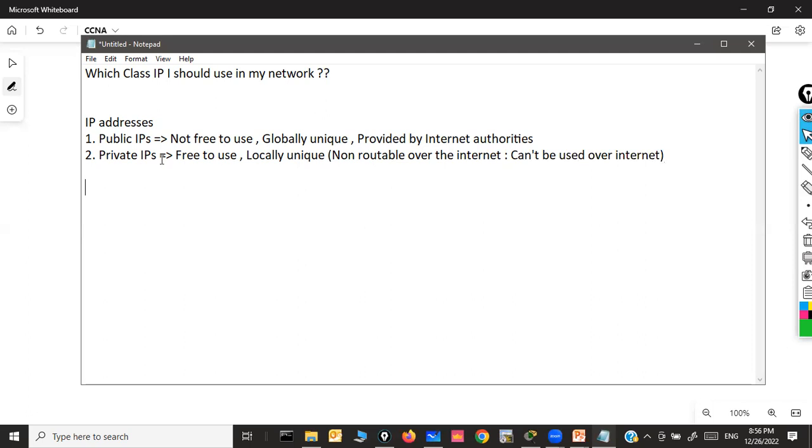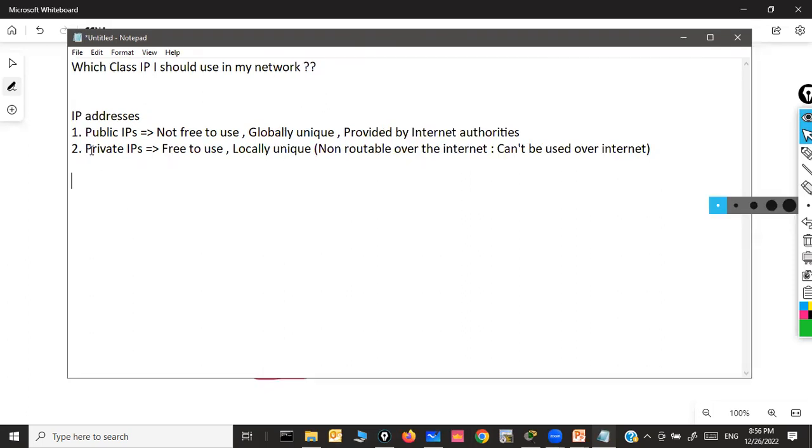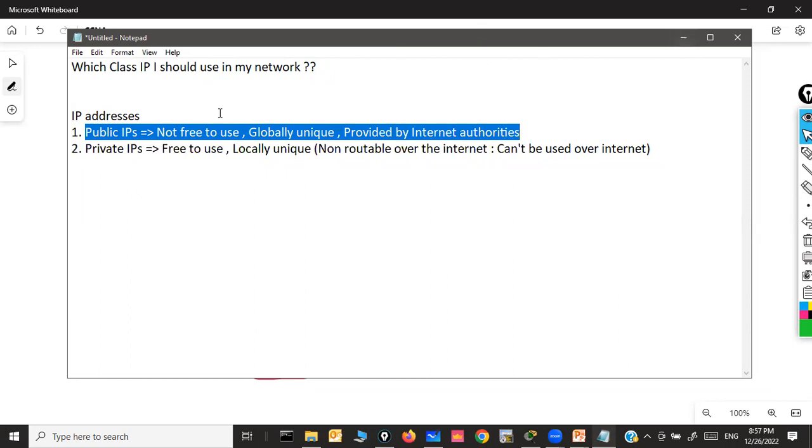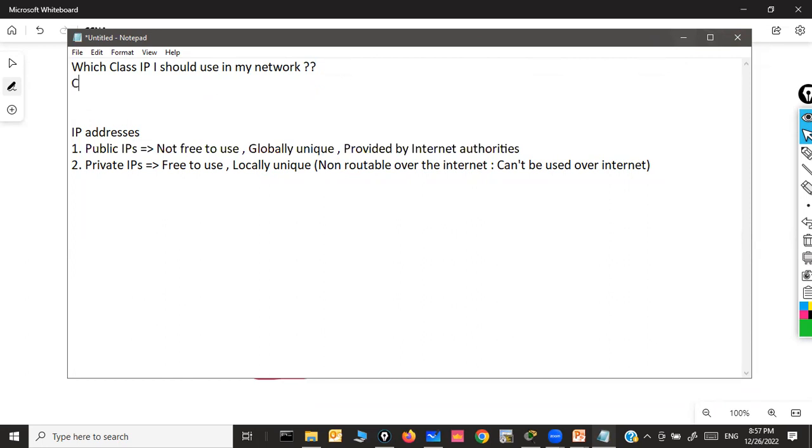Now, let's just assume that I've decided to go with a class B address, right? Because as we mentioned, there are different classes. Class A, first octet 1 to 126.